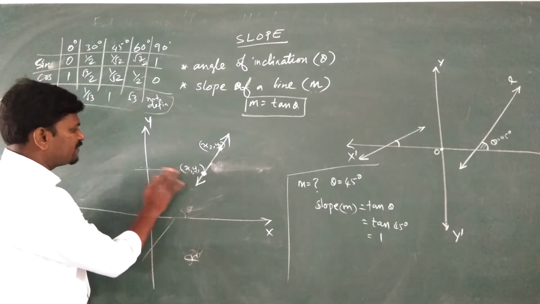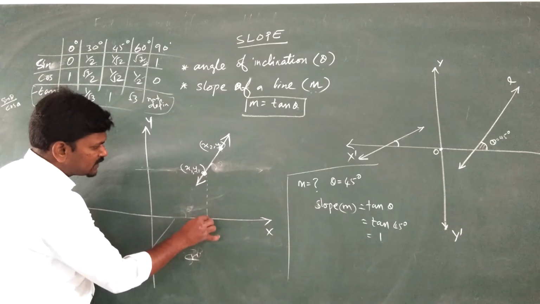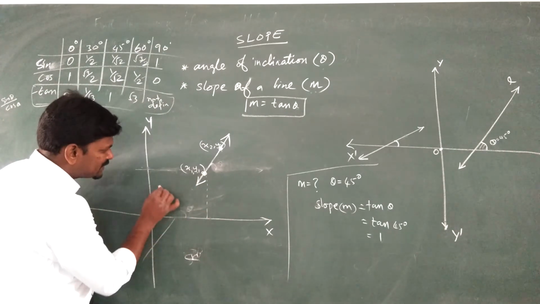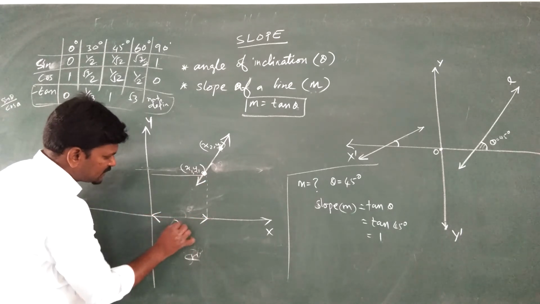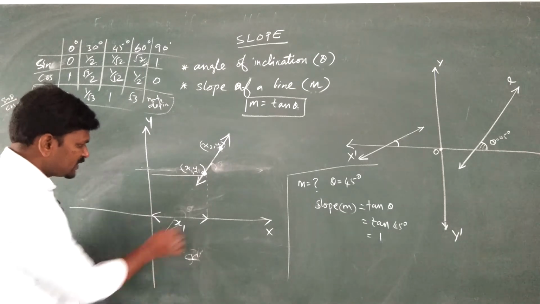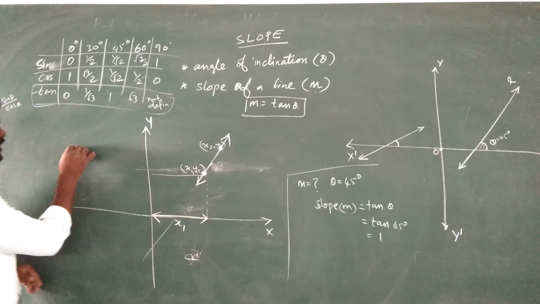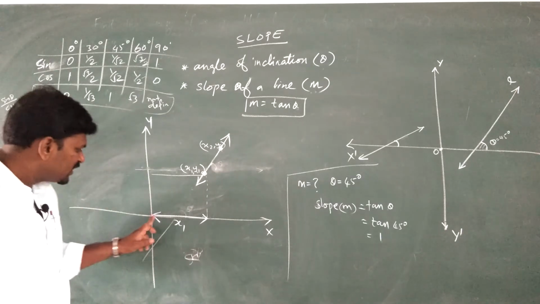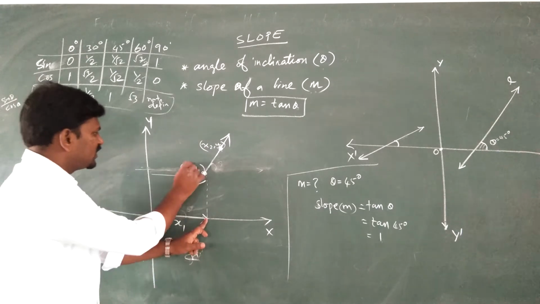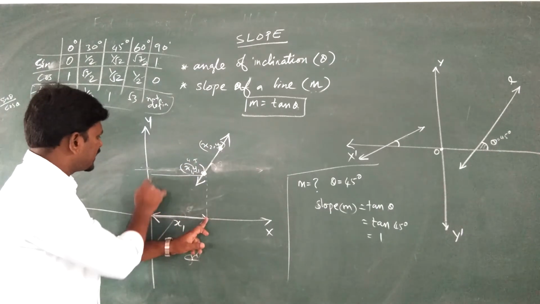Okay, I will explain, listen carefully. This distance is x1, because when we mark 4 comma 5, how will we mark? First we will come to 4 on the x axis, then 5 on the y axis.